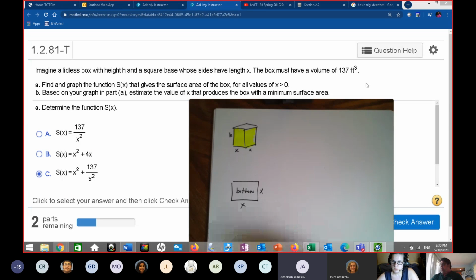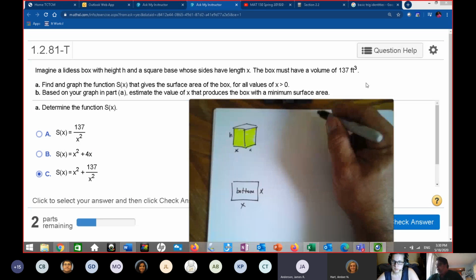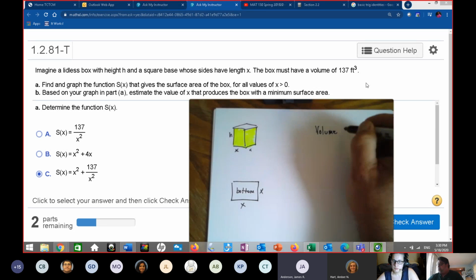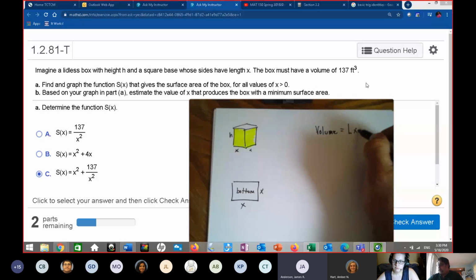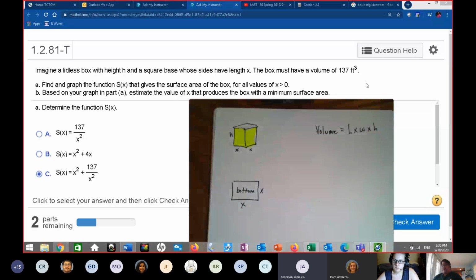Okay? So the volume of any three-dimensional object with a rectangle or quadrilateral base is equal to, think of the swimming pool, what is it? Length times width times what? Times height. Or base times height times whatever. I don't care what you use. You have to have one that's vertical and 2 that are horizontal.